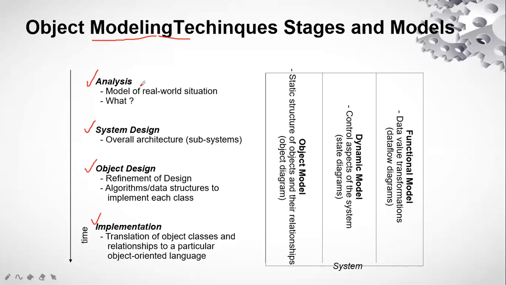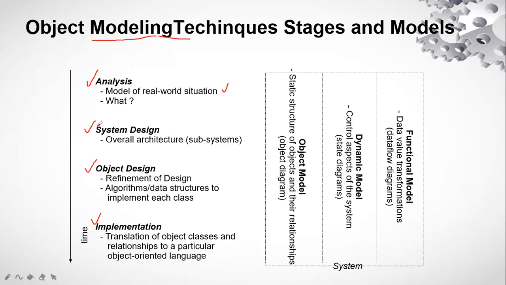Basically, in the analysis phase, we are going to decide what we are going to develop, right? So the only focus is all about what. We are not going to focus on how we are going to develop, but on what we are going to develop, what features need to be added into it, for creating the model of a real-world situation.